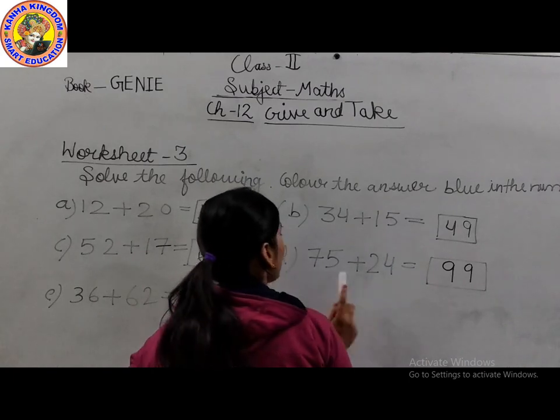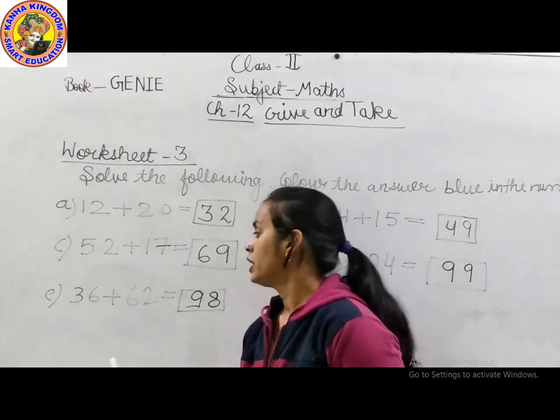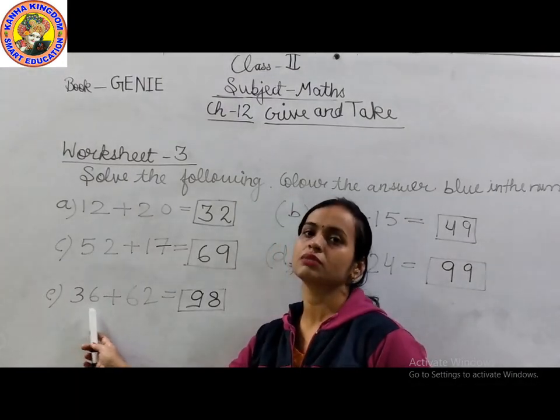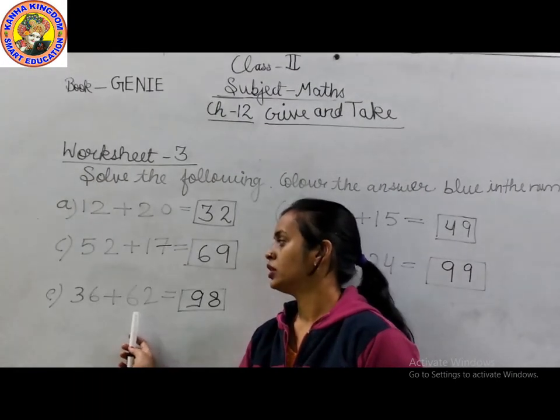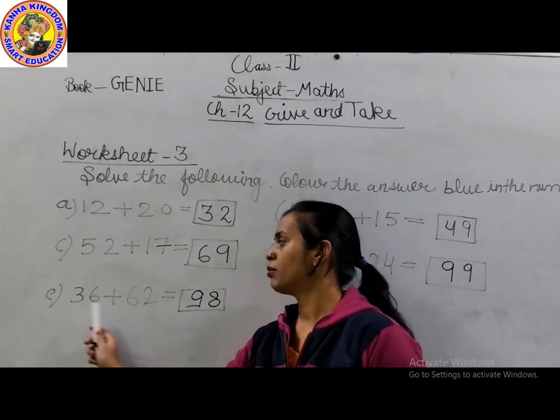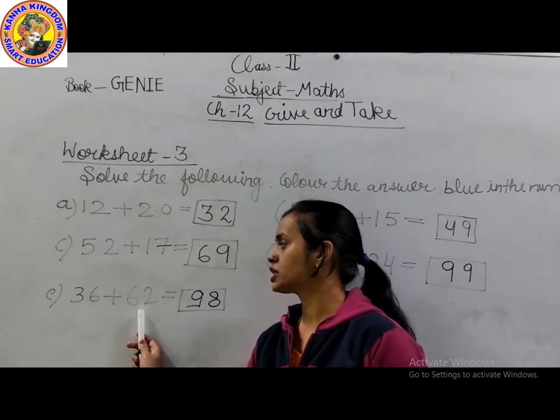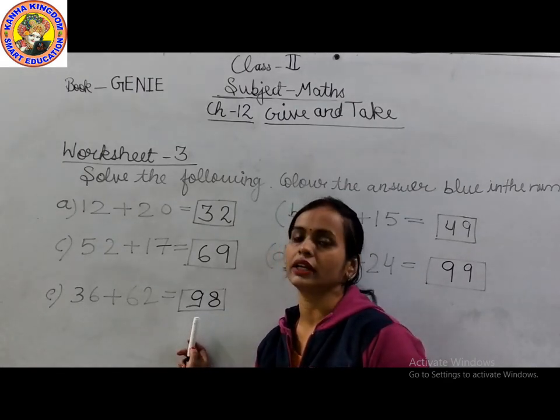So 75 plus 24 equals to 99. Now next question is 36 plus 62. So 6 plus 2, 8. 3 plus 6, 9. So 36 plus 62 equals to 98.